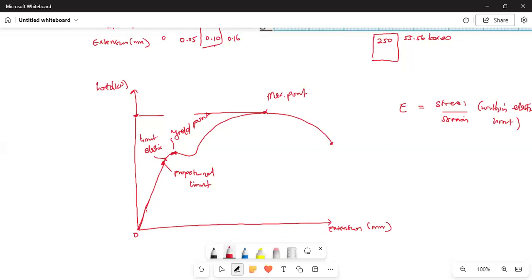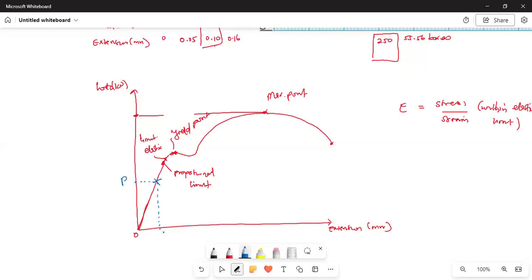Because it's a load extension curve, just pick a load anywhere within the straight portion. Listen carefully. Pick a load anywhere within the straight portion. Let's say I pick a load value here, trace it to this axis, and trace it to this axis.